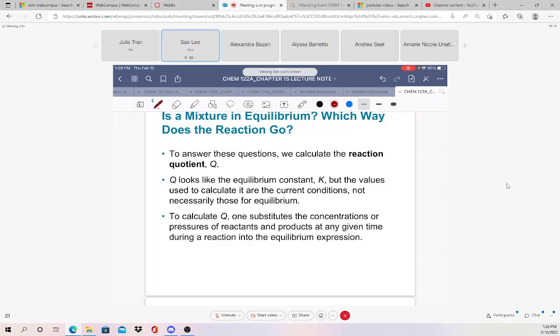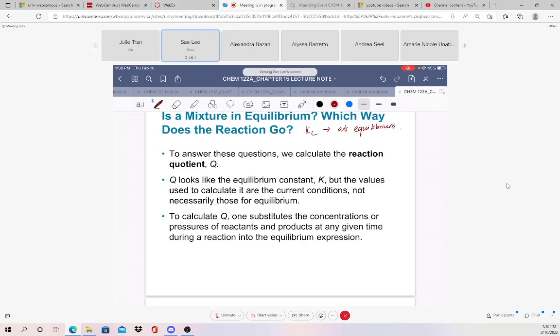So far we have focused on observing what the equilibrium constant is and how to calculate the Kc value, right? As we have seen so far, the equilibrium constant is a number that expresses the relationship between the amount of products and reactants present at equilibrium in a reversible reaction.